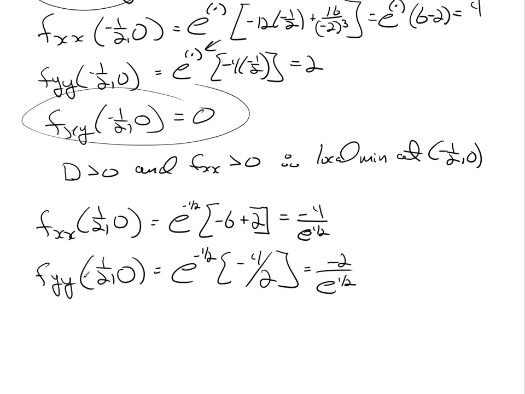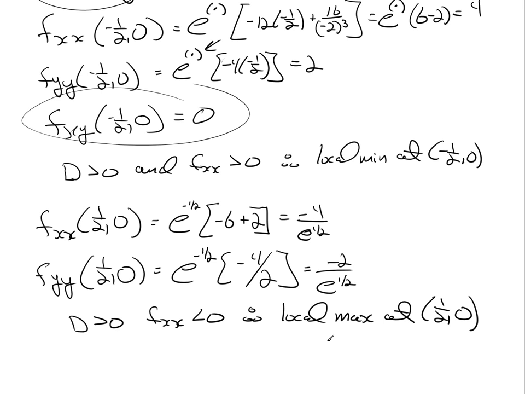And fxy is again going to be 0 because that was a critical point, and that component ended up in there. So I have d greater than 0, and the second partial with respect to x less than 0. Therefore, what I have is a local max at 1/2, 0.